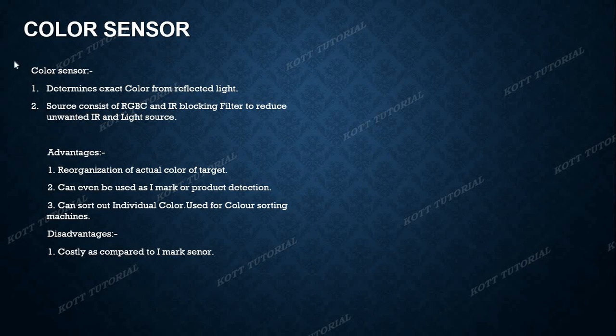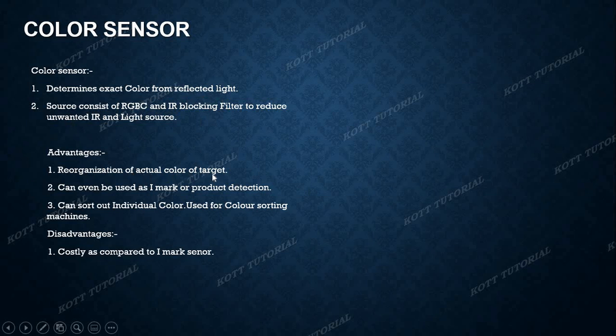IR light is nothing but below the red light spectrum. Mostly the light reflected from a multicolor product contains emitted IR light. Because of that, it may show a false signal in the sensor.